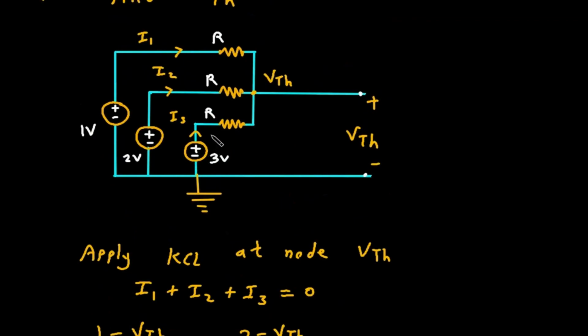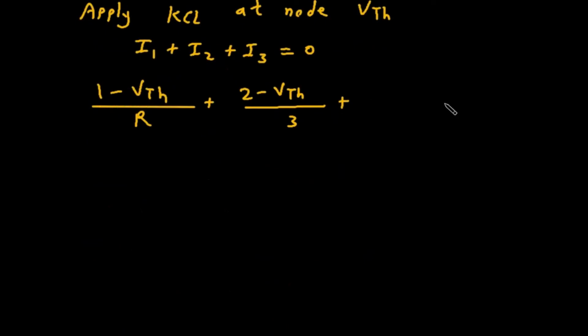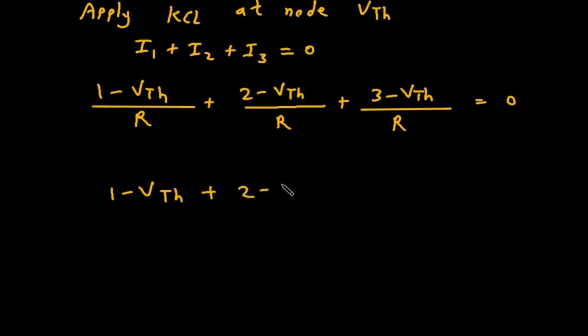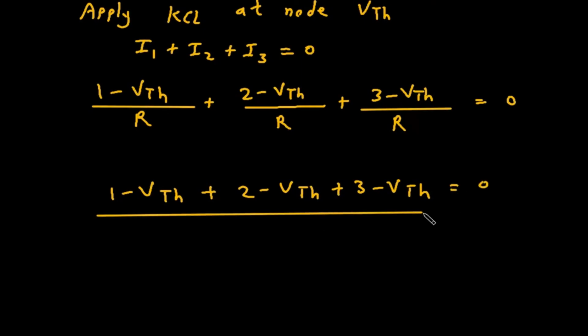Now I3 is 3 minus VTH by R. This is R. Is equal to 0. So this will be 1 minus VTH plus 2 minus VTH plus 3 minus VTH is equal to 0 divided by R.